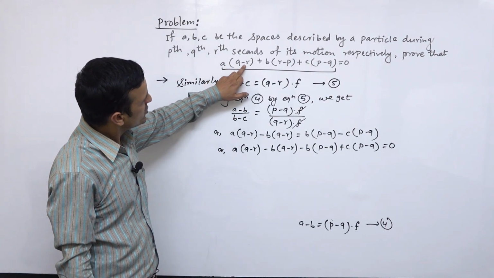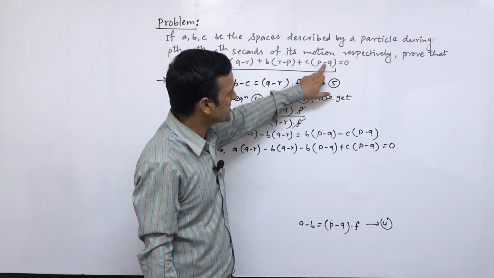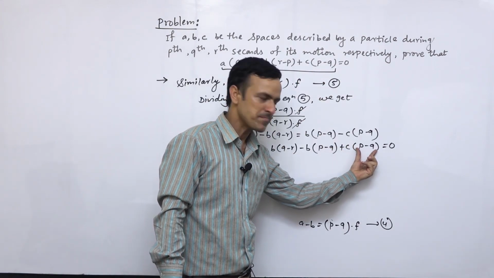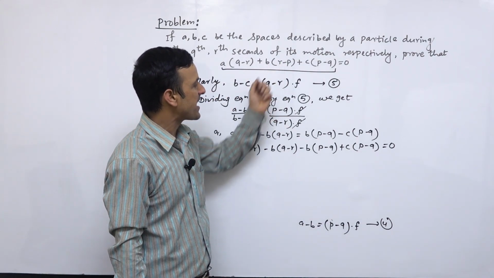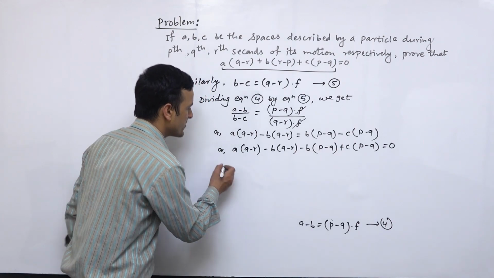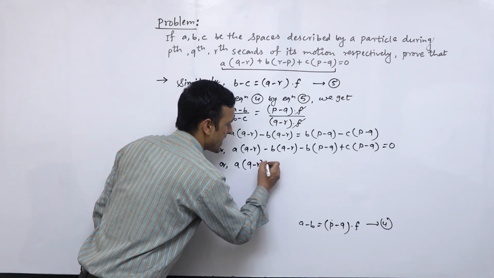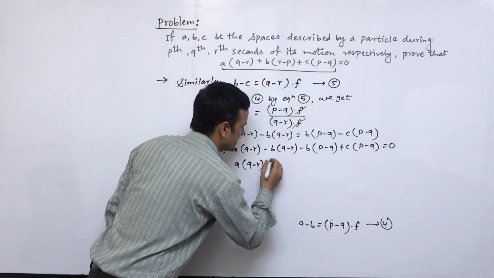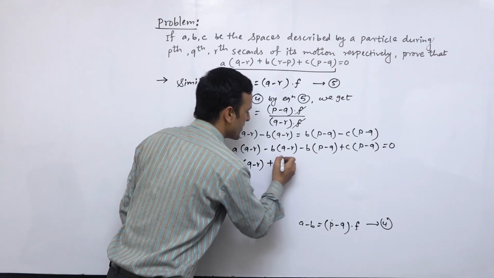So a times q minus r, this is the same, and last c times p minus q, that is also the same, c times p minus q. The middle term is b times r minus p, but r minus p is not there yet. So we have to take out the common from here. So a times q minus r, and here is a plus sign, so we can take out plus b common here.